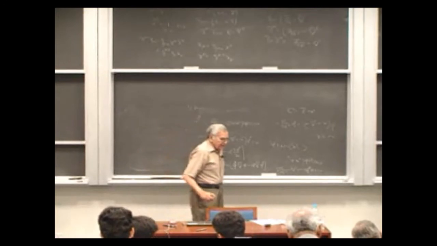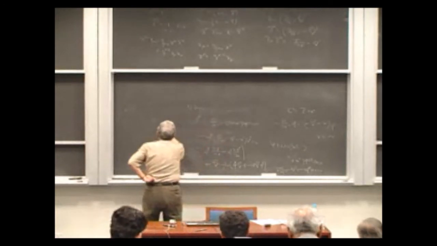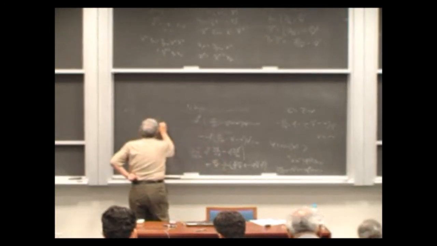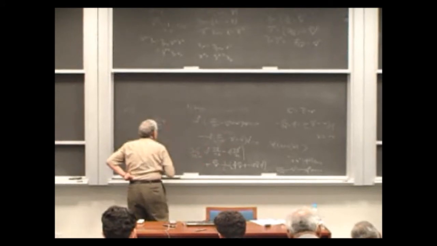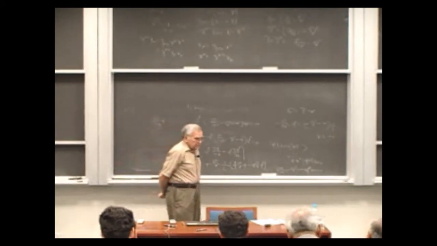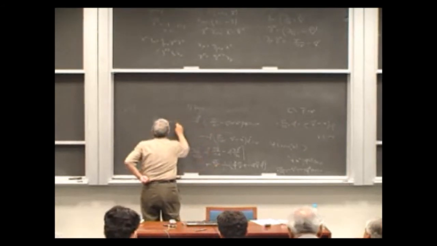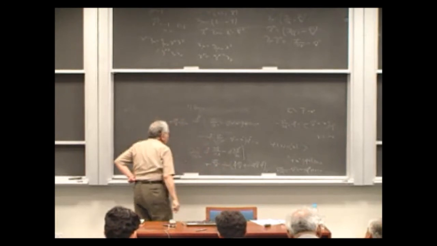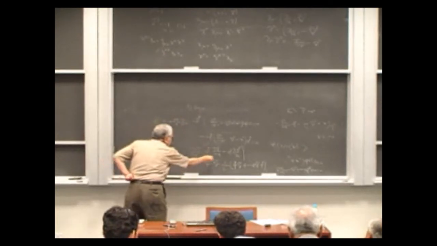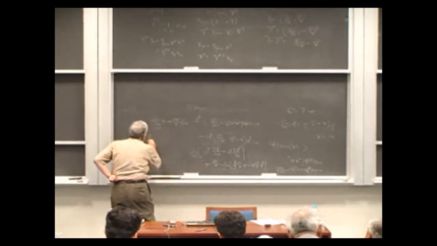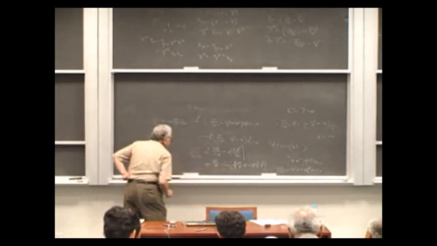So what I get is ∂ρ/∂t plus ∇ · j equals 0, where ρ is this in the bracket and j is this thing.